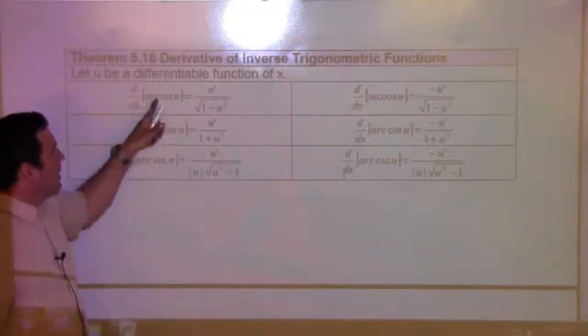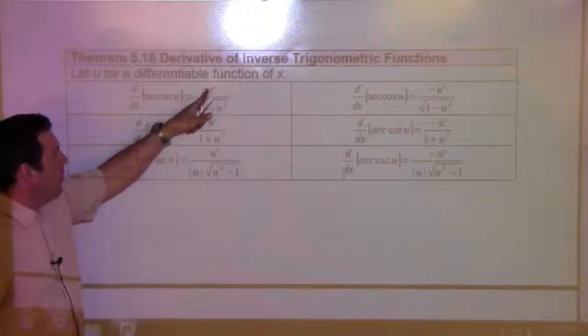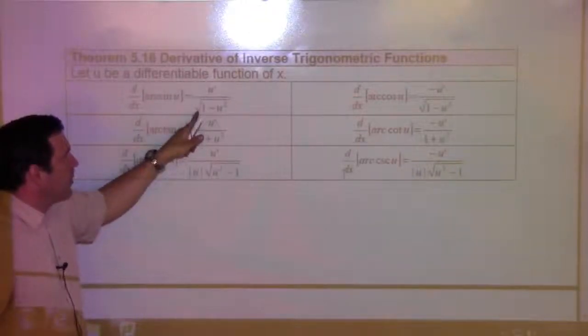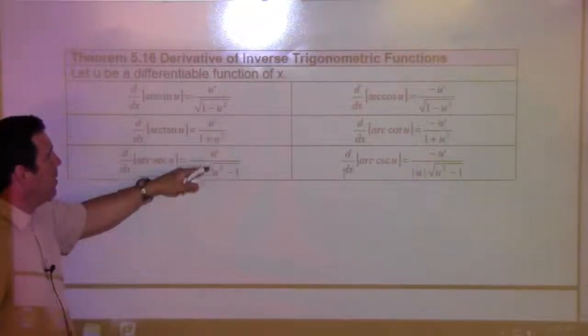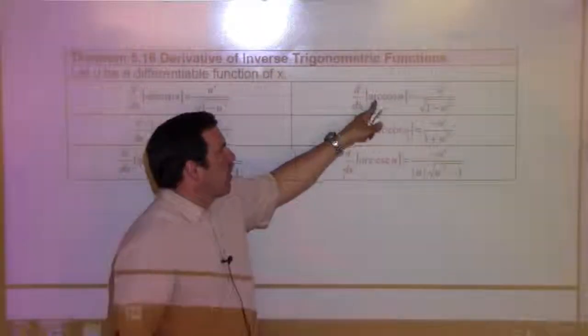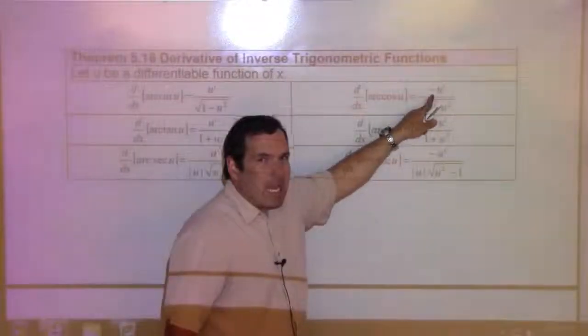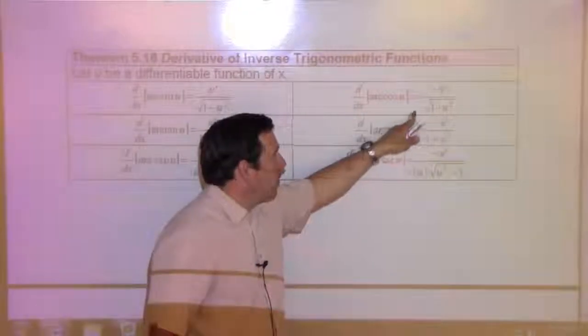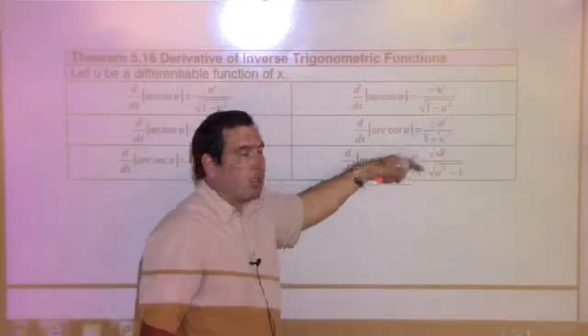The derivative with respect to x of arc sine of u is u prime, the derivative of what's in here, over the square root of 1 minus u squared. And the derivative with respect to x of arc cosine of u is negative u prime over the square root of 1 minus u squared.